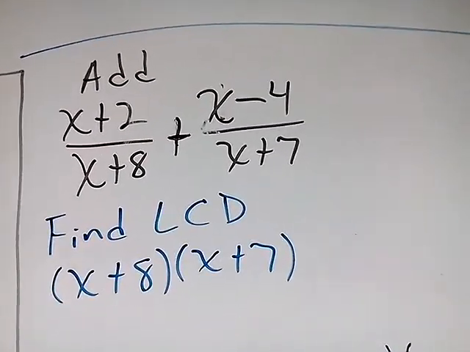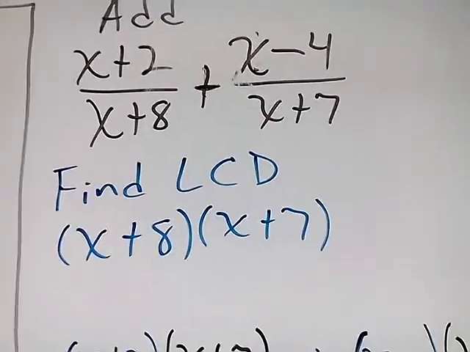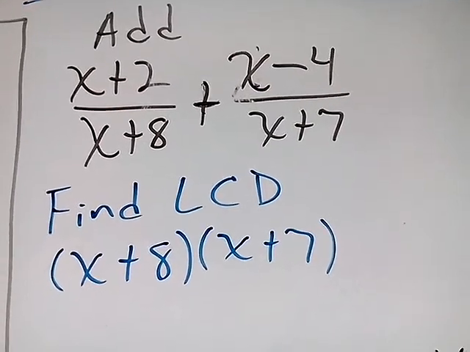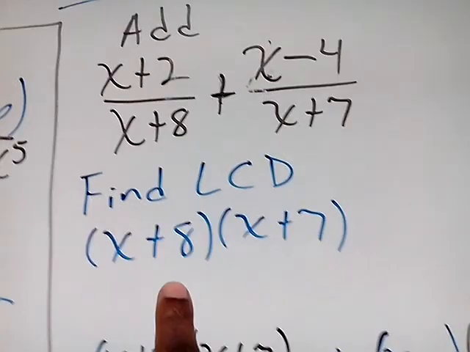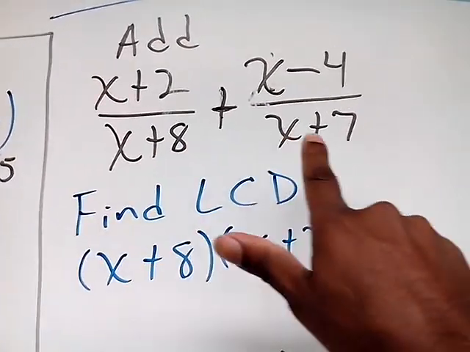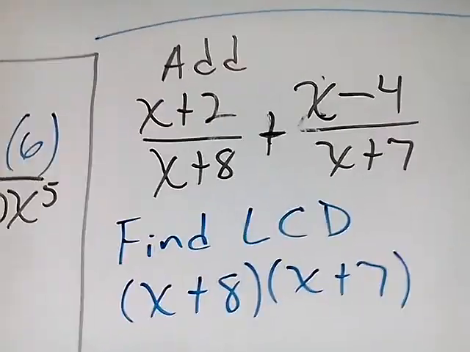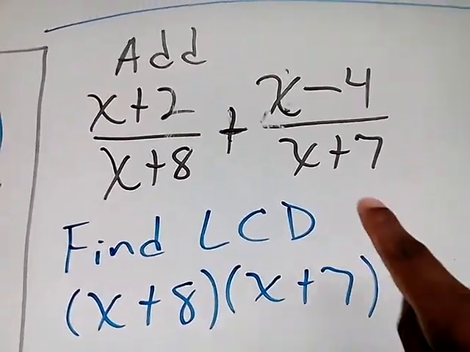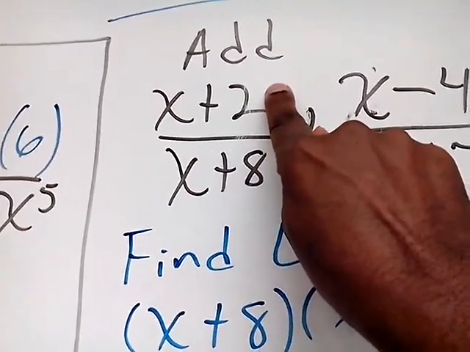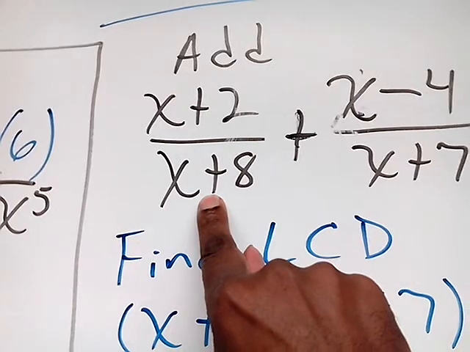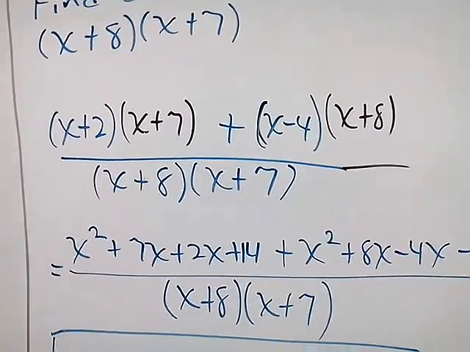Here we have an example of adding, and we have expressions in both of the terms. So finding the LCD is basically multiplying the x plus 8 times the x plus 7. So that's our denominator. And then as far as our numerator is concerned, we multiply the x plus 7 times the x plus 2 here, and then the x plus 8 times the x minus 4, which is what we see here.